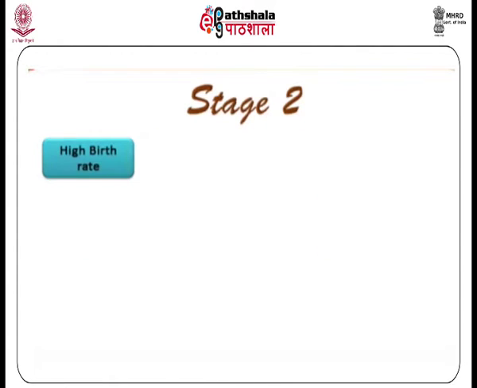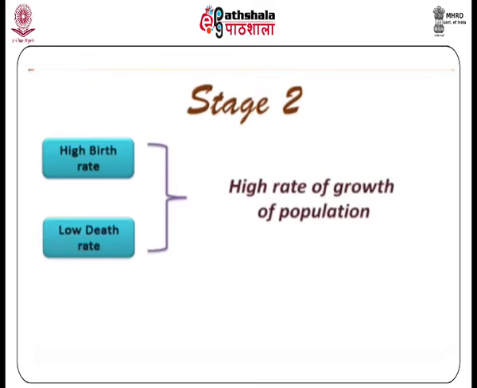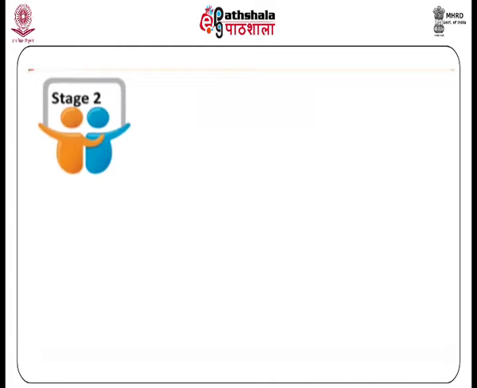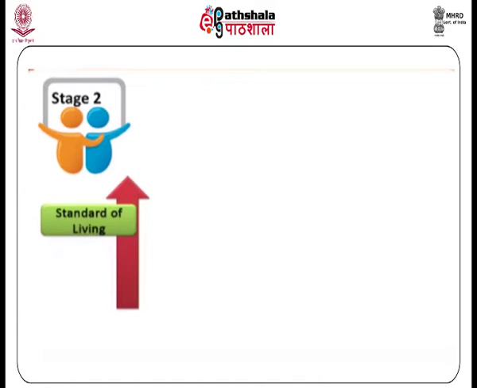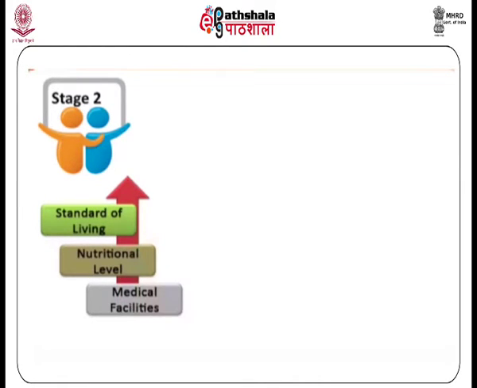Stage 2. Birth rate remains high, but death rates become low so that the rate of growth of population becomes high. In this stage, economic growth starts taking place. Standards of living, nutritional levels, and medical facilities go up.